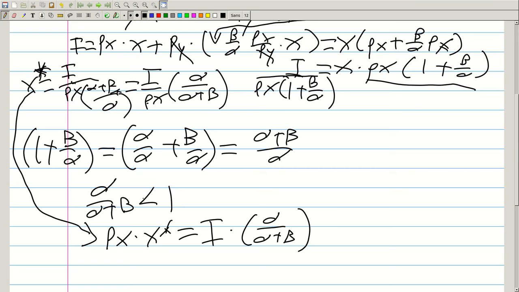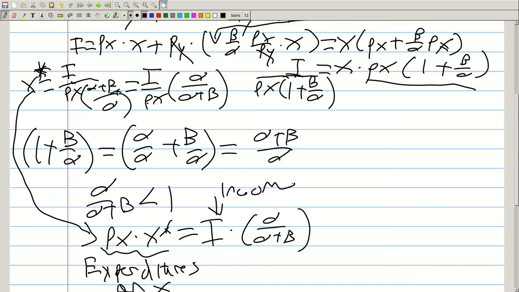So if alpha over alpha plus beta is less than 1, the left-hand side is just expenditures on x, and this is my income, then this term here is the share of income spent on x.